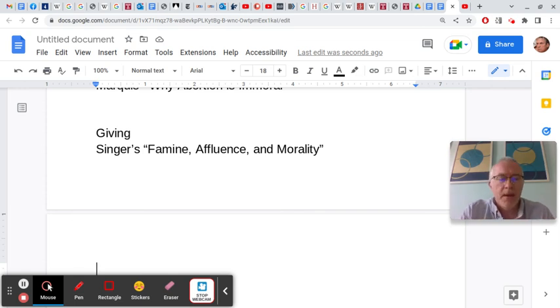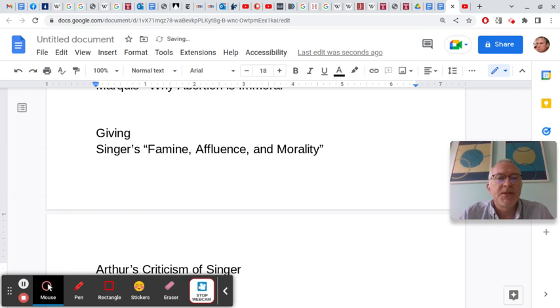And then John Arthur's critique of Singer. I forget what it's called. It's in there. His criticism of Singer's argument in Famine, Affluence, and Morality.